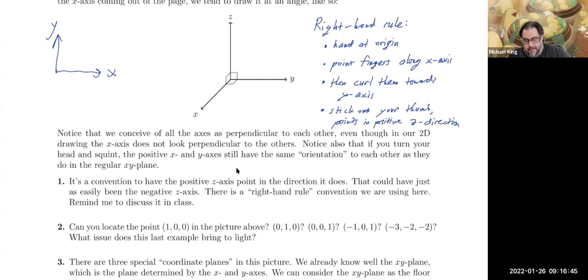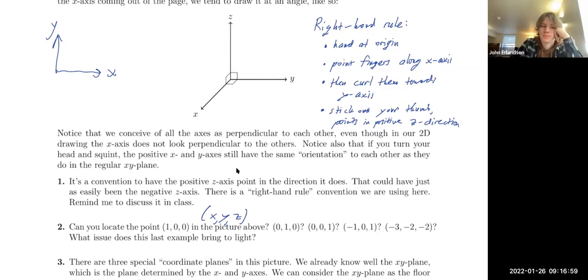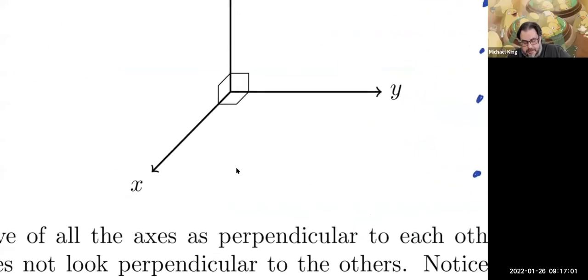I should say we're thinking about these as X, Y, Z, right? So where does 1, 0, 0 live? On the X-axis. So whatever 1 unit is, maybe right there is 1 unit. So maybe that's 1, 0, 0.